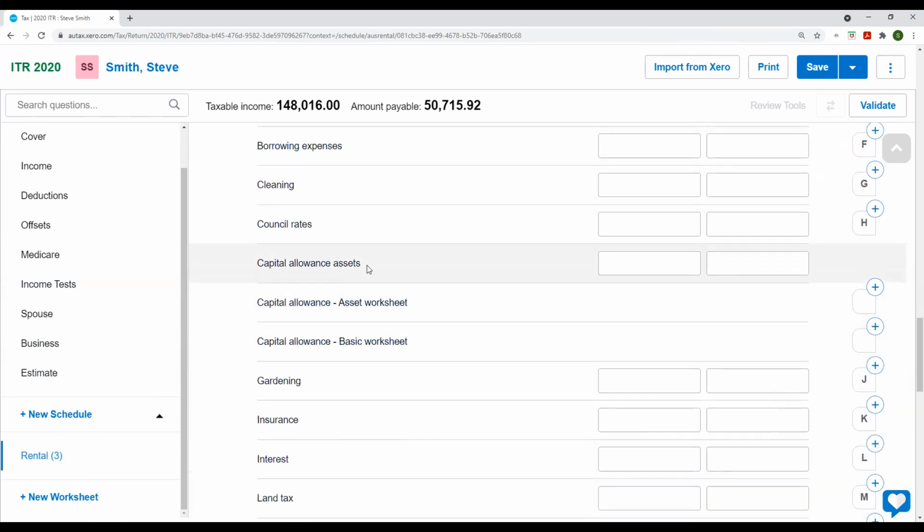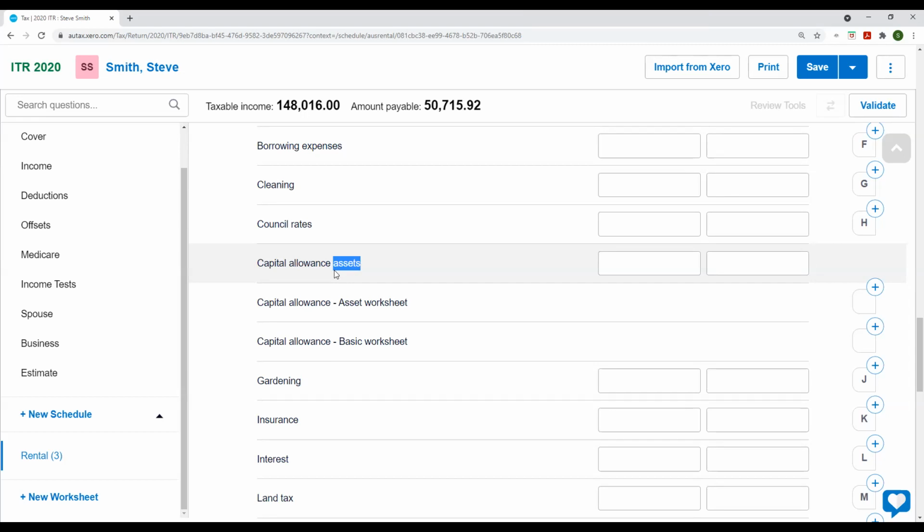Coming back to here, capital allowance for assets. Assets mean that in a rental property, a number of assets are included: your air conditioner, your cooktop, your oven, your microwave, your range hood, washing machine, TV, smoke alarm, right?